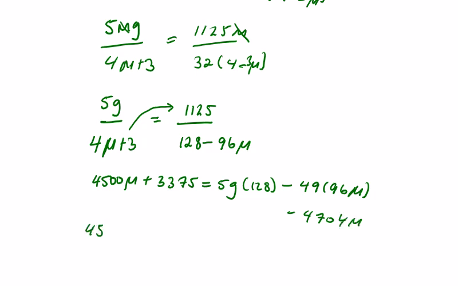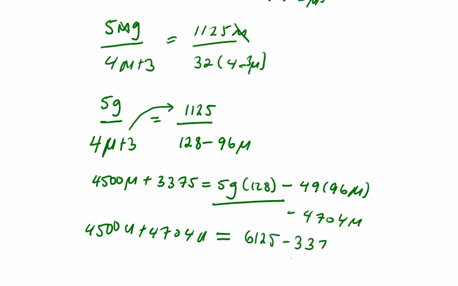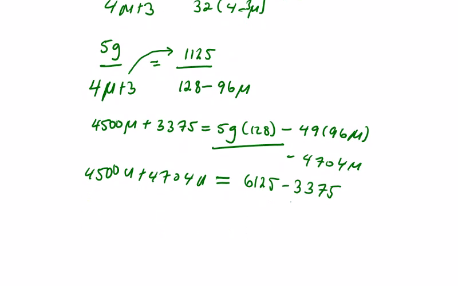So we're going to get 4500 mu plus 4704 mu equals this guy, 6125 minus 3375. That looks like 9204 mu is equal to 2750. I hope to God this is right.